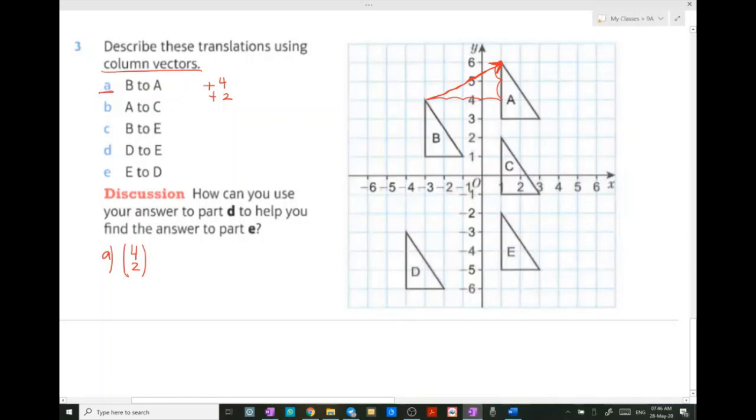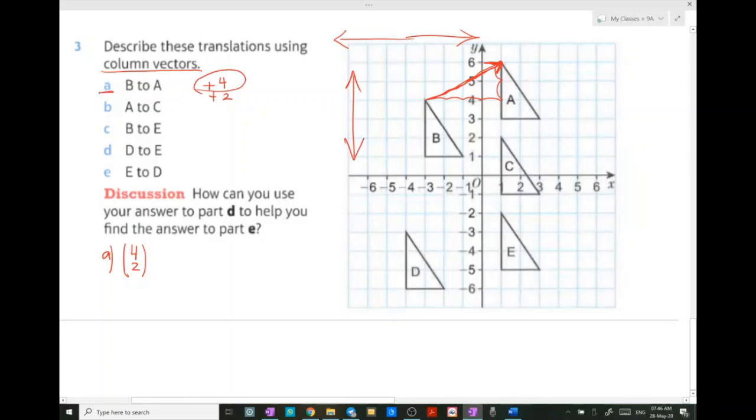But you cannot move alongside this vector diagonal wise. You can only move in the grid or in the coordinate plane either right or left alongside the x-axis, which represents the first component, and you can go up or down alongside the y-axis.